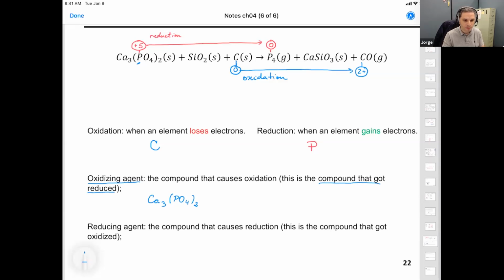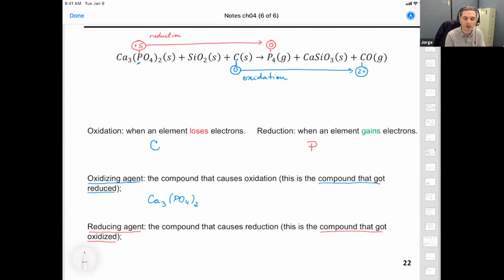And then for the reducing agent, we are going to look at the opposite. For reducing agent, we look at the compound that got oxidized. Again, for agents, we look at the whole molecule that suffered oxidation. And the element that oxidized is carbon.